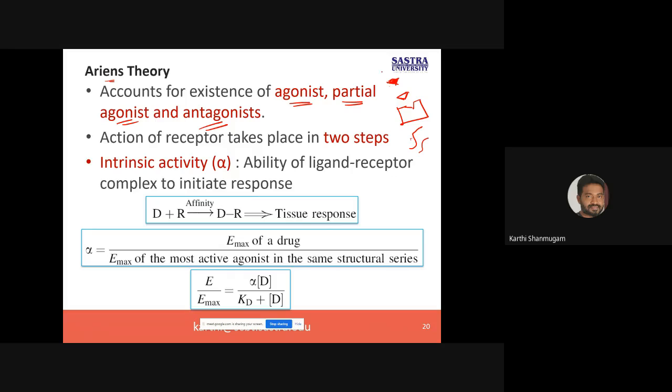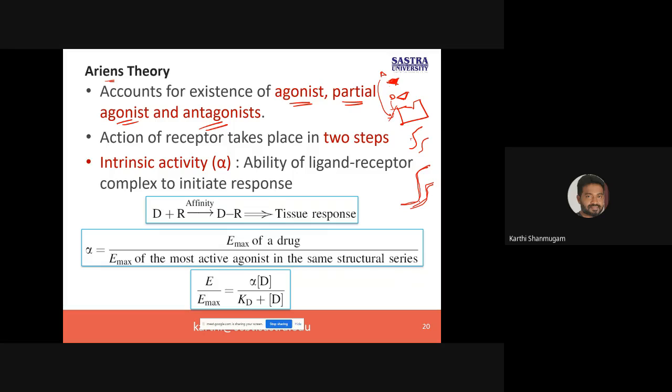I name them A and B. If A binds to the binding site, it produces the response up to this level. But if B binds to the receptor, it is able to produce only the response up to this. So I can say that this is an agonist and this is a partial agonist.